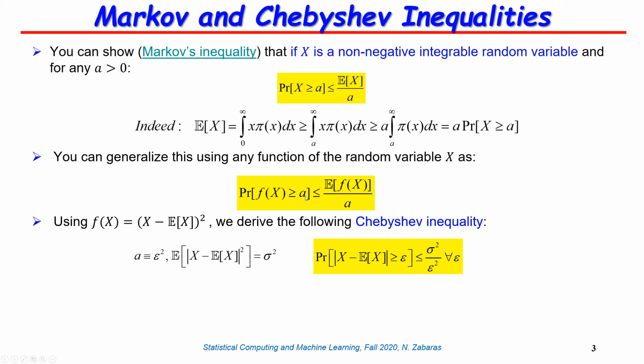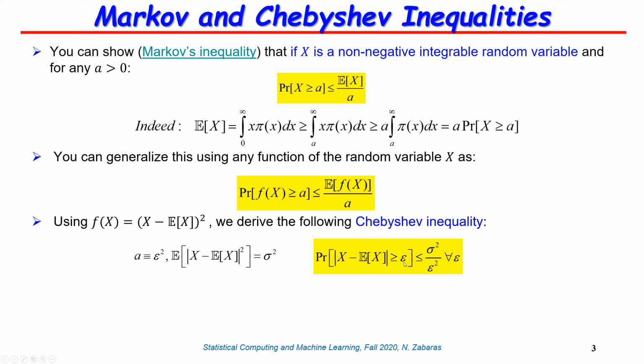First, I'm going to simply change variables, and instead of a, I'm going to use epsilon square. So here I have the probability of f of x greater or equal to a, so I have the probability of this greater or equal to epsilon square, which is equivalent to saying the probability of the absolute value of x minus E of x greater or equal to epsilon.